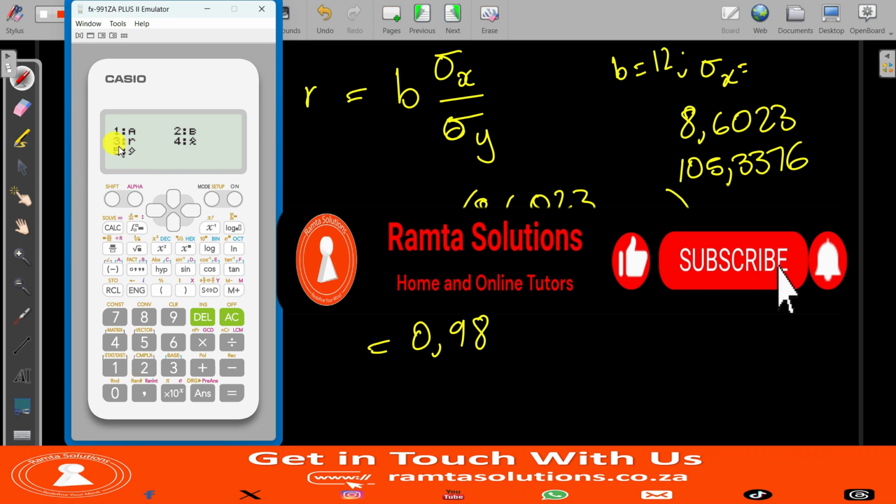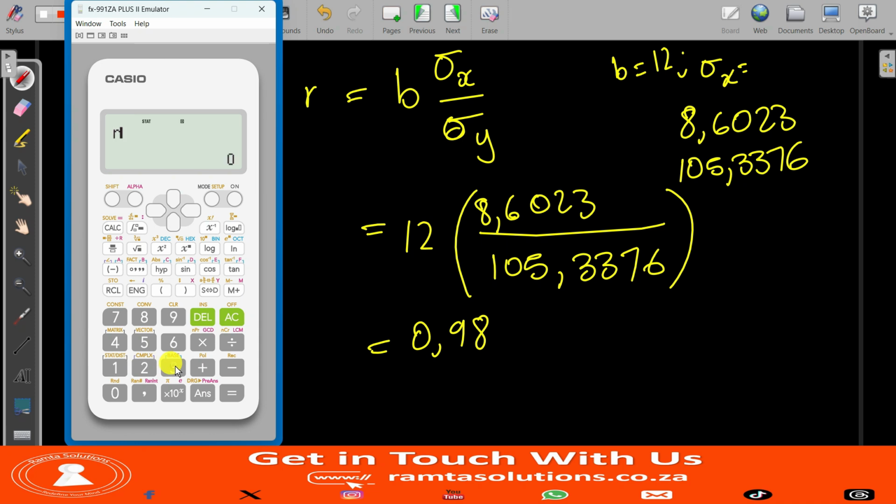Now, what is R? Here it is, option 3. Let's see if we will get this. And here it is, 0.98. You can get it directly, 0.98. This is how you get your correlation coefficient.